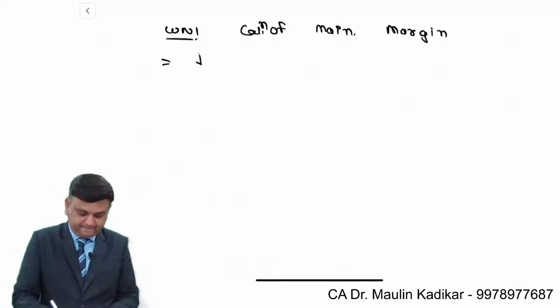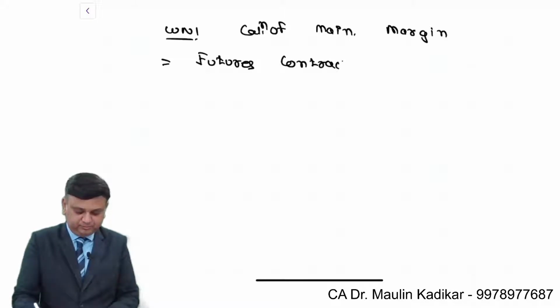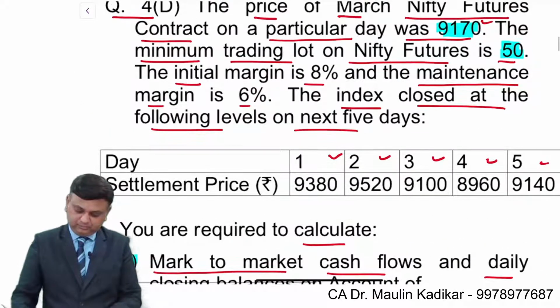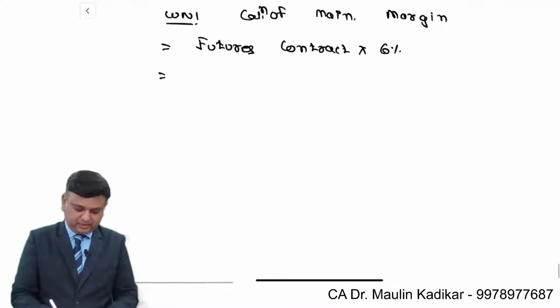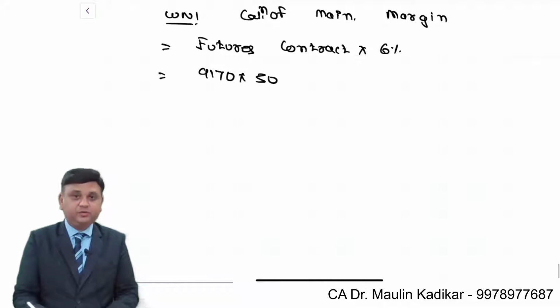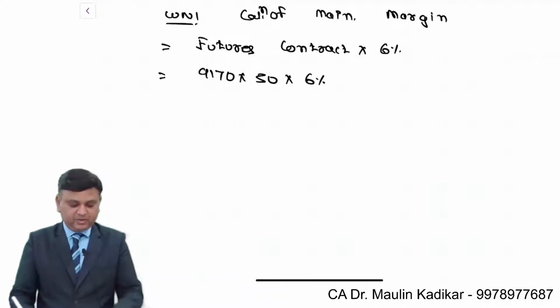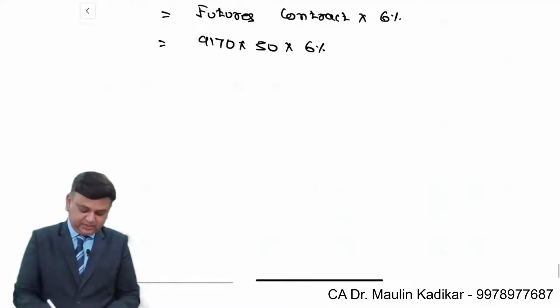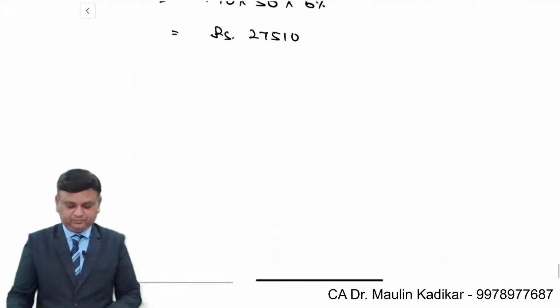In that, futures contract into 6%, because maintenance margin is 6%. 9170 into 50 into 6%. That comes to 27,510.